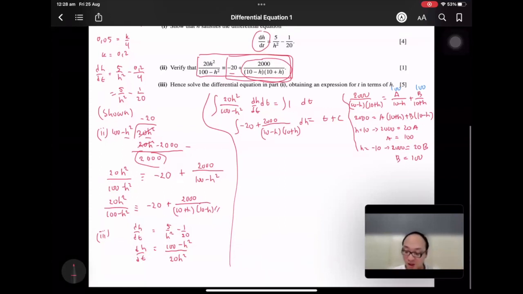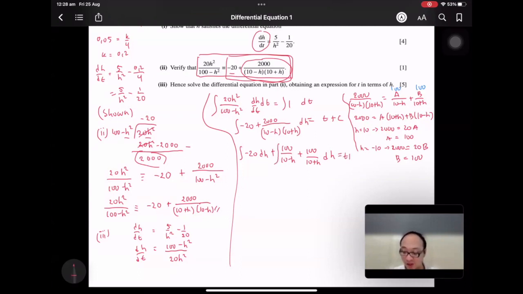So I can write it as the integral of negative 20 dh plus 100 over 10 minus h, and then plus 100 over 10 plus h dh. Okay, I put the integral here and separate, equals t plus c.